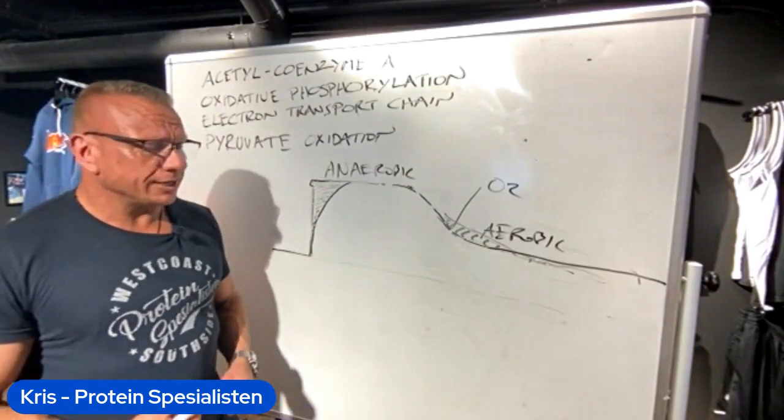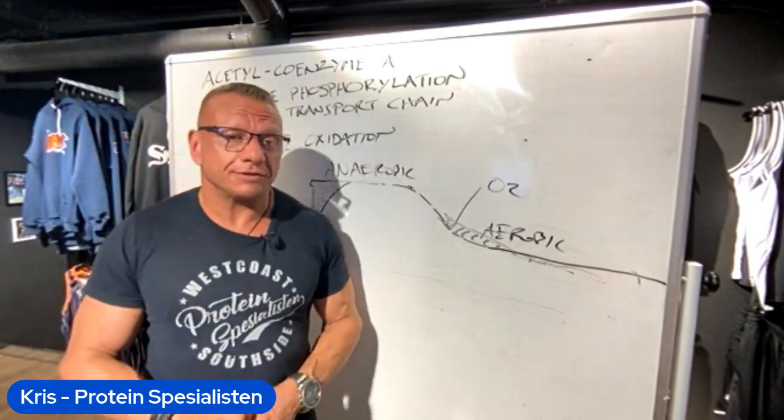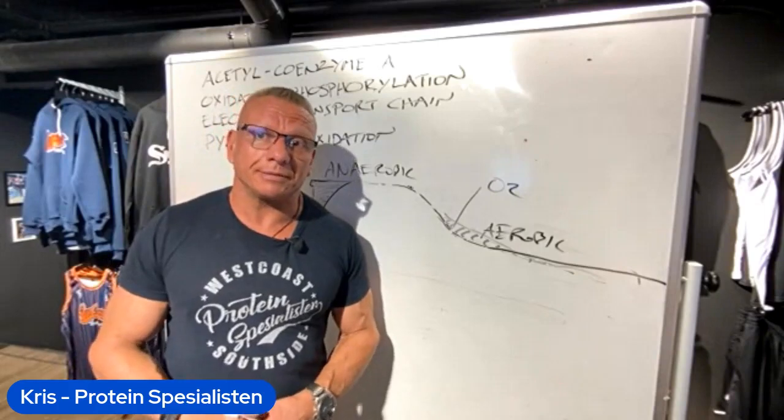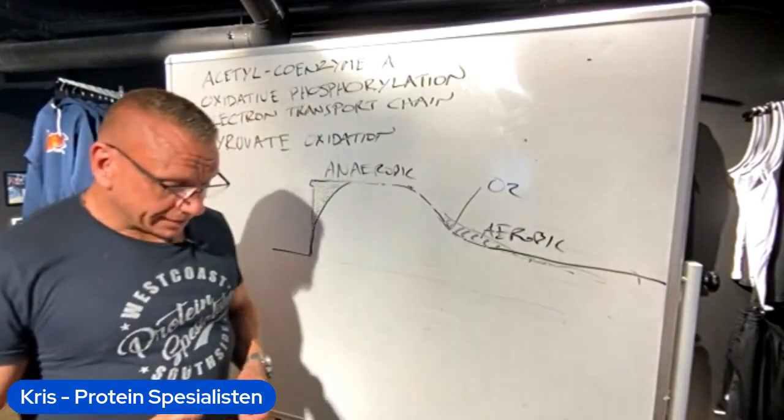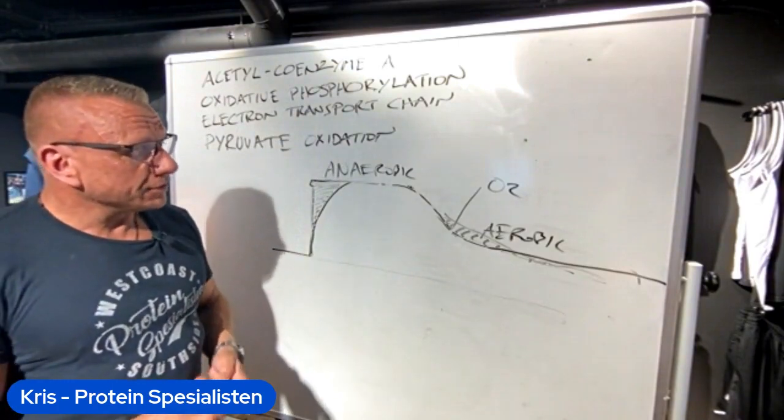Remember, 129 from fat alone, one fat molecule. And you give yourself a good hard look at yourself and think, how many fat molecules do you have in your body? I mean, the average person contains quite a lot of fat. So imagine how many ATP stored energy they have.